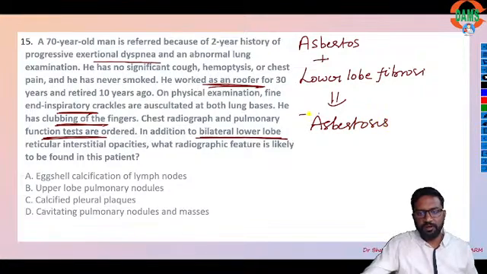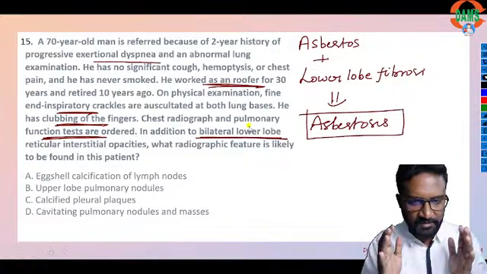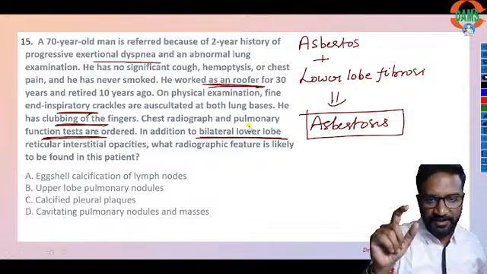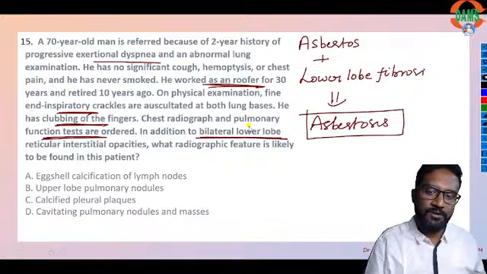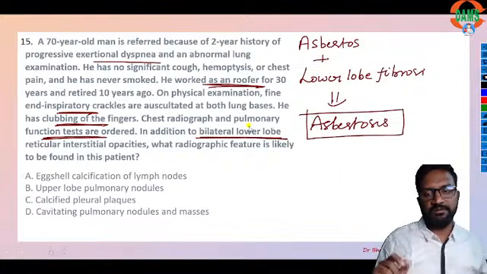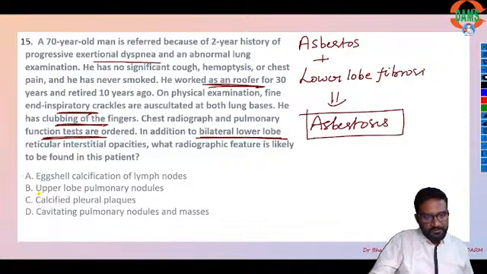What is the feature of asbestosis? They are asking. Again, INICET questions will be like this only. They'll give you a big clinical history and you should identify the diagnosis. The diagnosis will not be given. From that diagnosis, indirectly they'll ask you a question. Now they're asking what will be the other radiological feature.